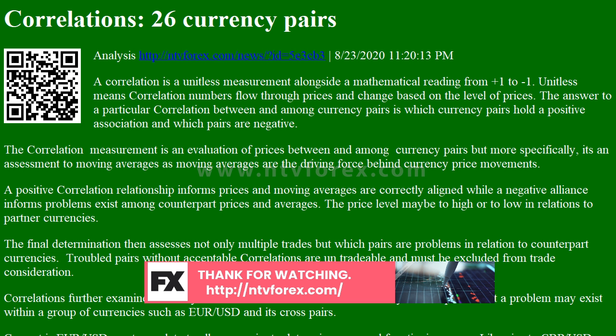USD CHF vs GBP CHF 67%, USD CHF vs NZD CHF 64%, GBP CHF and NZD CHF move together with USD CHF. Overall currency markets, GBP USD vs USD CAD 98% and healthy.